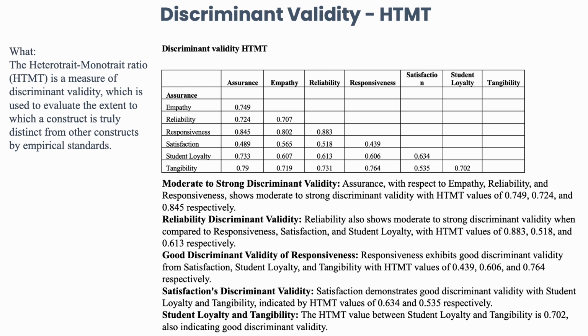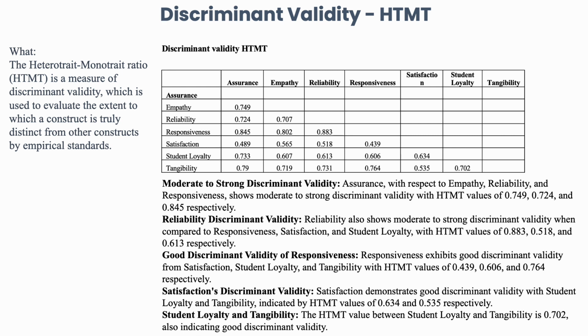For instance, in a model where we have constructs like customer satisfaction and customer loyalty, we would expect these constructs to be related but distinct. If the HTMT value between these two constructs is above the chosen threshold, for example 0.85 or 0.90, we could infer that these constructs might be too closely related and could be measuring similar aspects of the customer perspective, which would also suggest a lack of discriminant validity.